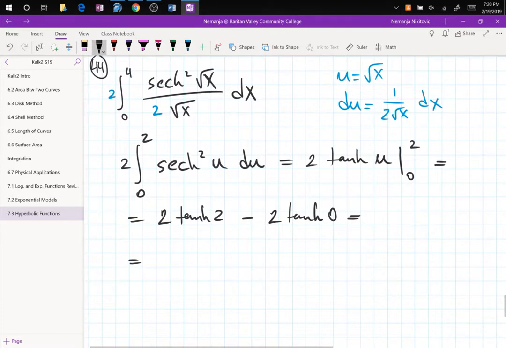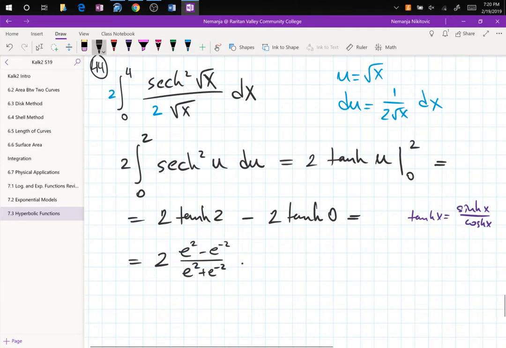Now, tangent hyperbolic x was sine hyperbolic x over cosine hyperbolic x, which means I have 2 and the sine hyperbolic of 2, you can do it that way, or you can just plug in your e's. So e squared minus e negative 2 over, sorry, over e squared plus e to the negative 2.